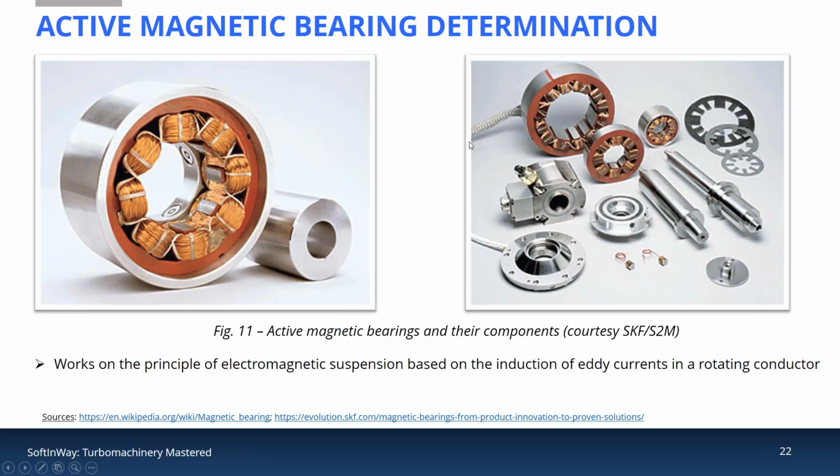This field interacts with a magnetized sleeve connected to the rotor. Here on the figure you can see some components including the rotor itself, magnetic bearings with copper coils, and the rest of the components needed to assemble this type of bearing.